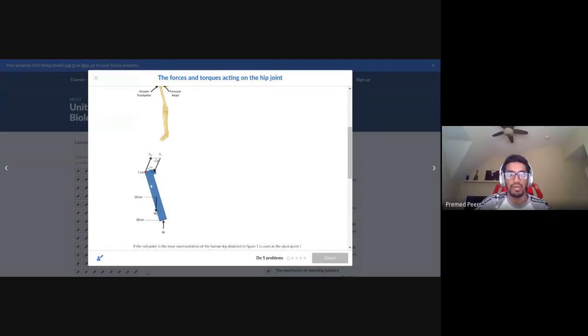Perfect, thank you. So when we look at this reactive force right here, we can split it into the force that pulls in this direction to the left and the force that pulls this direction straight down.